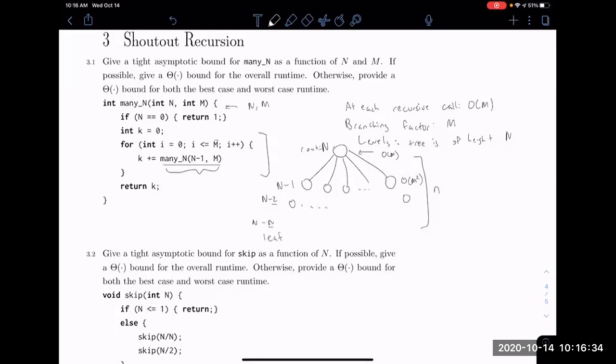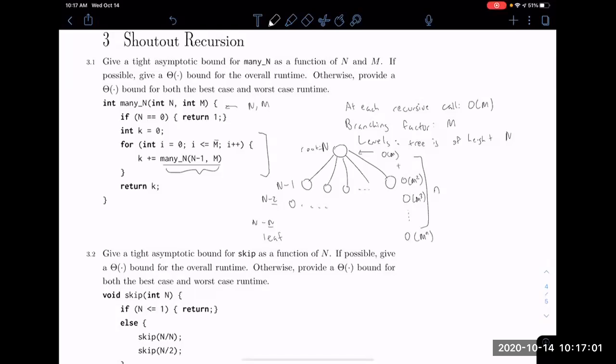The third row has m times m by the branching factor, so we have m cubed total time. And finally, similarly, at the last level, we have m to the n runtime because we've branched out m to the n times. So we technically have O of m to the n+1, but asymptotically, that's the same as m to the n.